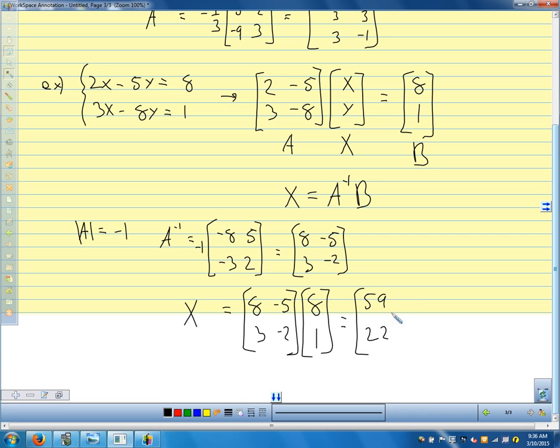Hopefully we can see how to do that. We get this matrix, and that would tell us that x equals 59 and y equals 22. That would be the solution to this system of equations.